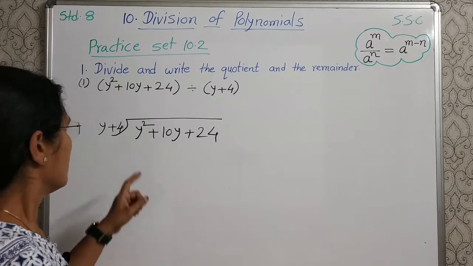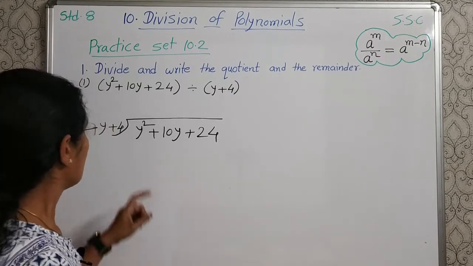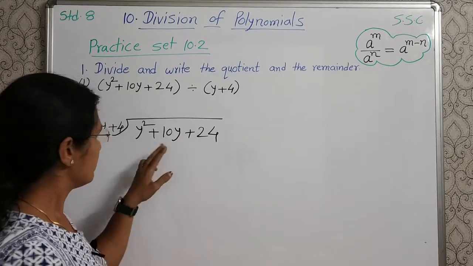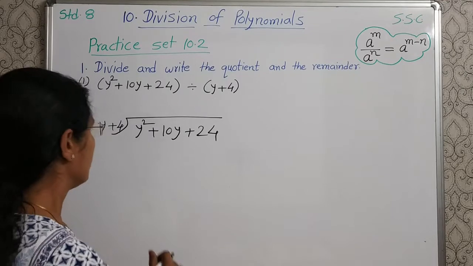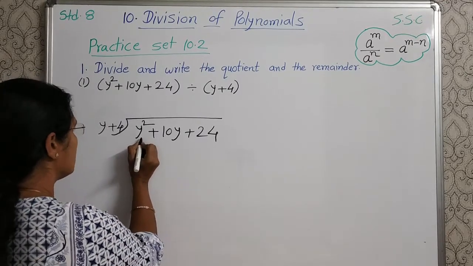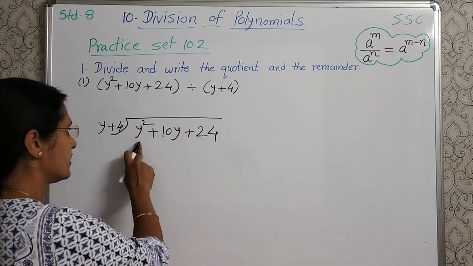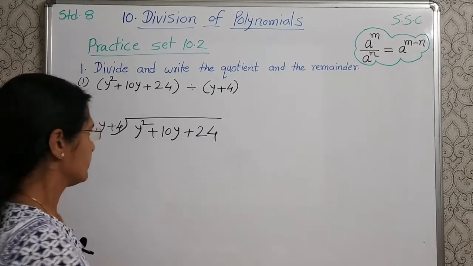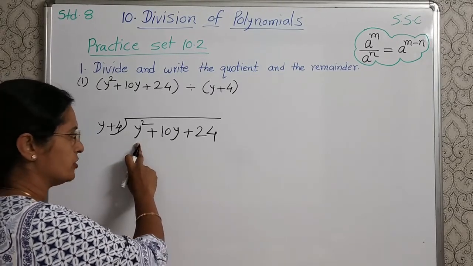Now see, while dividing a polynomial by a binomial, we consider only the first terms of dividend and divisor to find the quotient. So here we will take y square and divide it by y. First term in the dividend is y square and first term in the divisor is y. So divide these 2 terms and find the quotient.